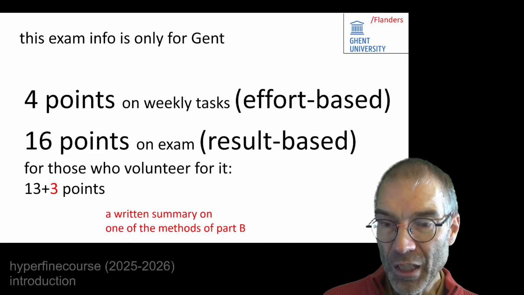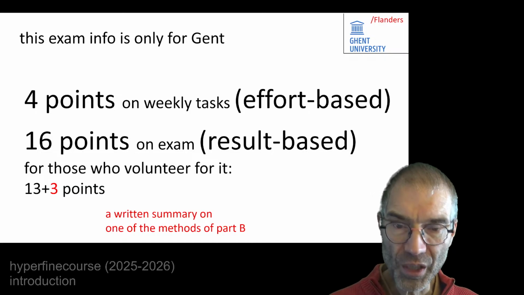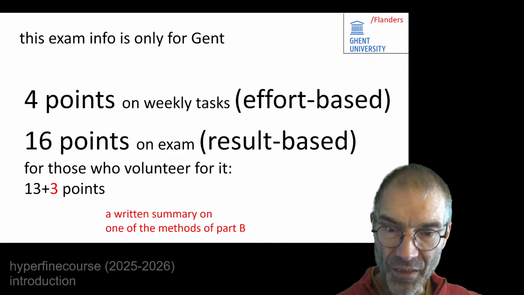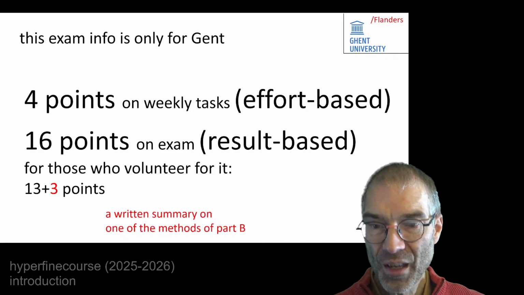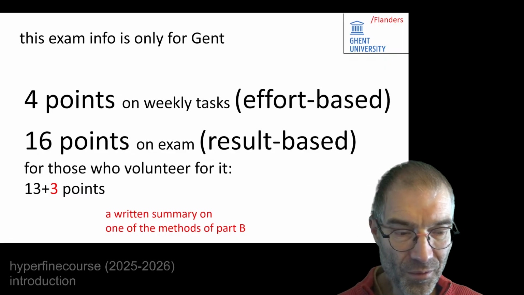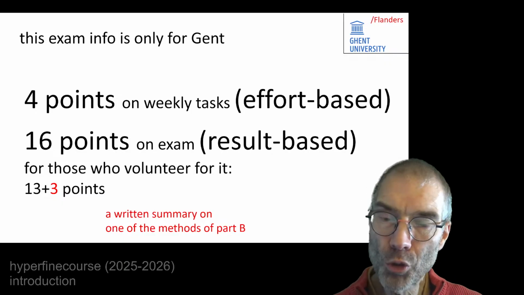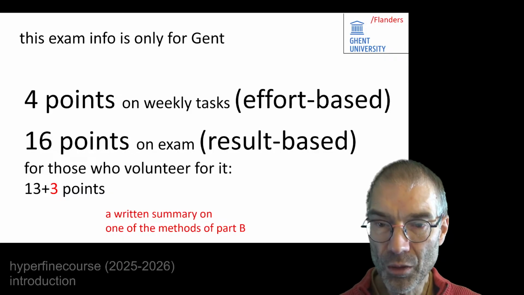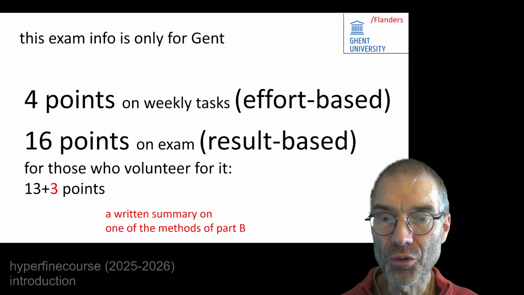So if you feel like this is something I want to do, I want to look in detail in one of these experimental methods and write a text that will help students of the coming years, then you can get 3 points for that, and so then only 13 points are left for the exam. It doesn't happen often that people choose this, but it has happened. And if this is something that you like, why not?